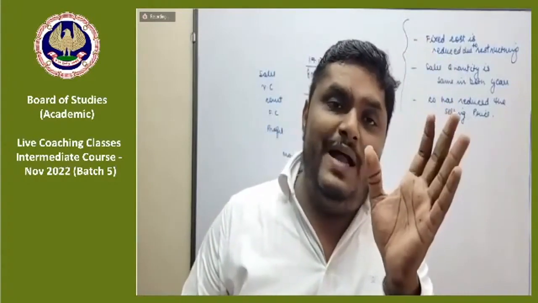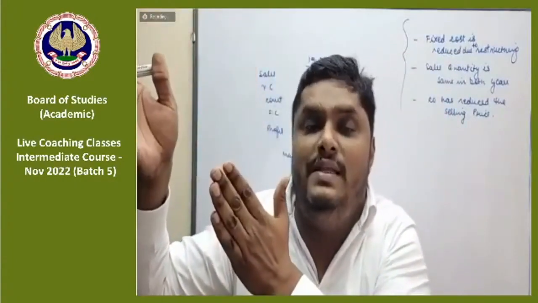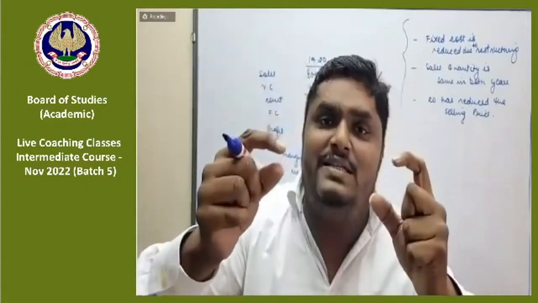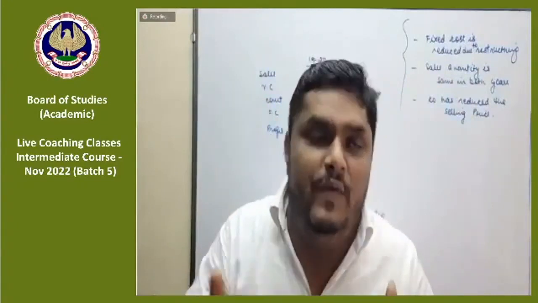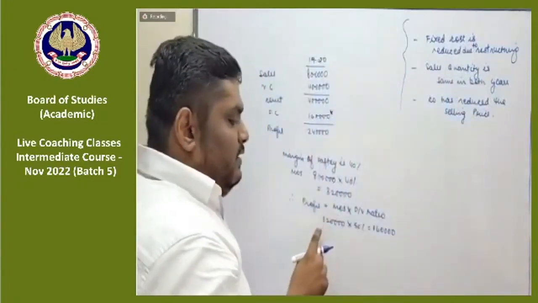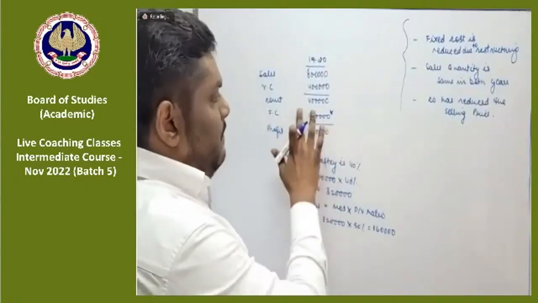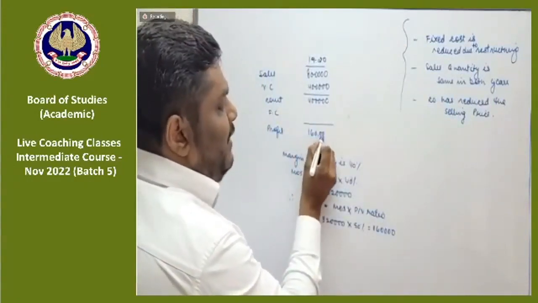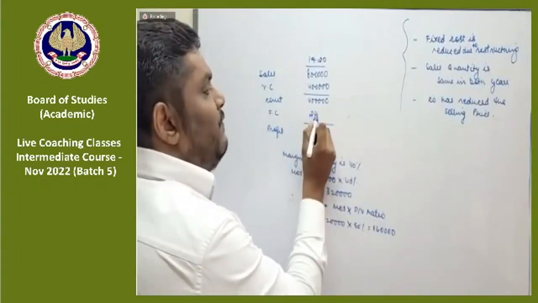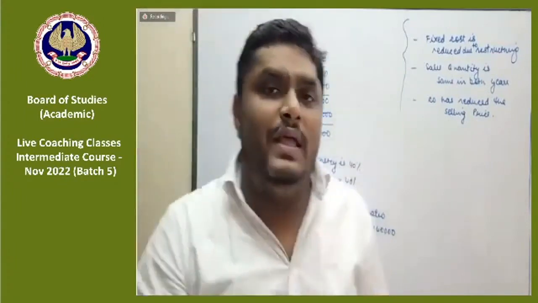Now, what is margin of safety sales? The extra sales over and above break-even sales. Now, for that extra sales, whatever the contribution will be, that will be the profit. So, simply 3,20,000 into 50%, 1,60,000 will be my profit, and 2,40,000 will be my fixed cost. So this is for the year 1.